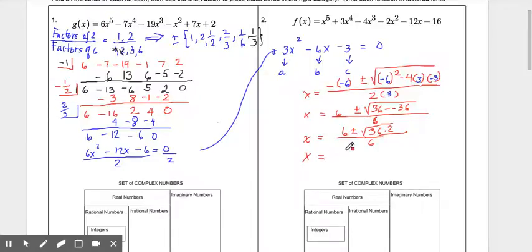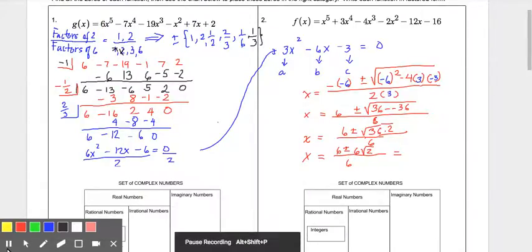Then we simplify. I'm going to go 6 plus or minus, what is the square root of 36? Square root of 36 is 6. And then 2 is not a perfect square, so it stays inside the square root, all over 6.